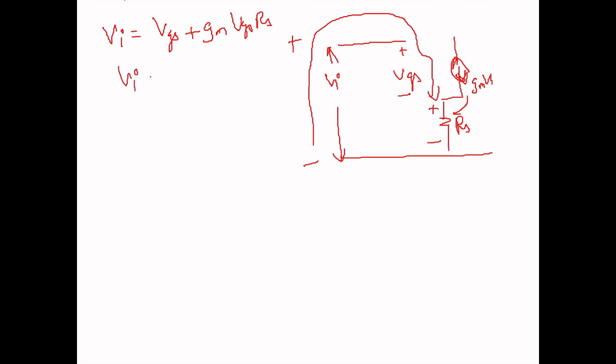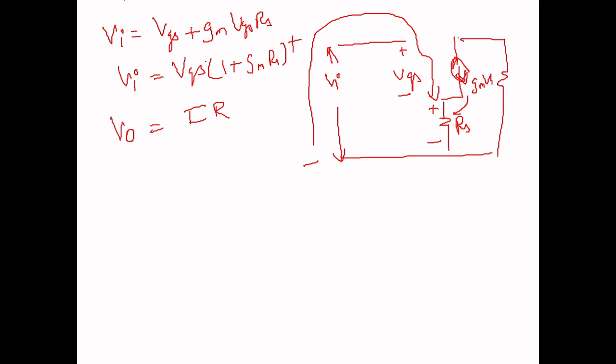From here you take VGS common. So what you will get? 1 plus gm RS. So what is the V naught? Because we want to find your gain, you know that is I into R. When you short circuit, you have a resistance RD, and you have another resistance RL.